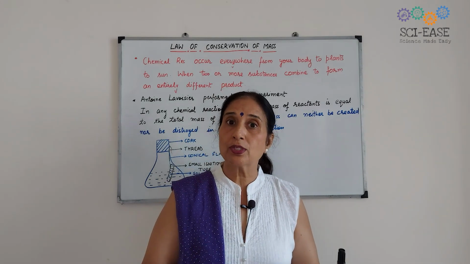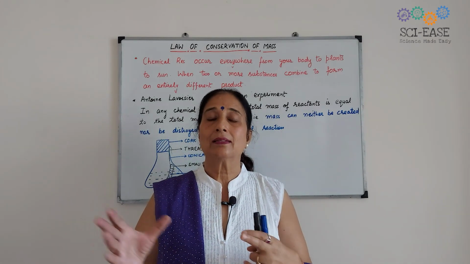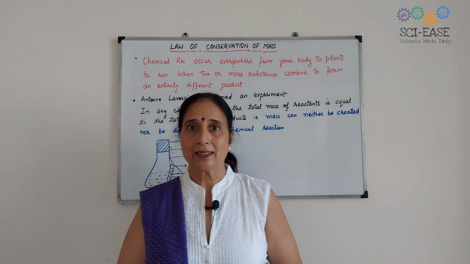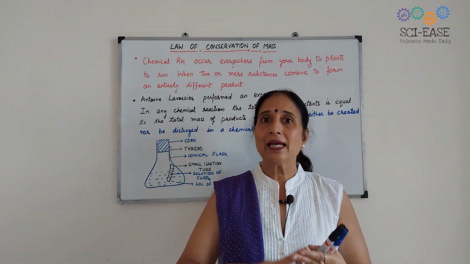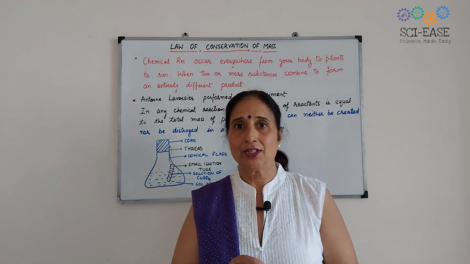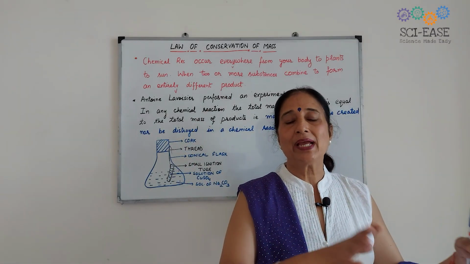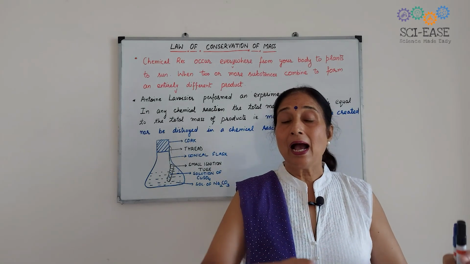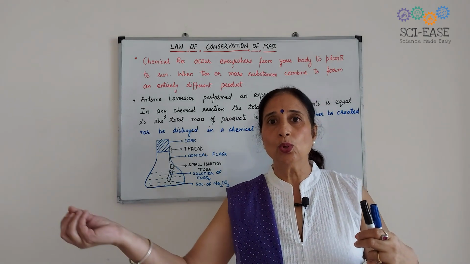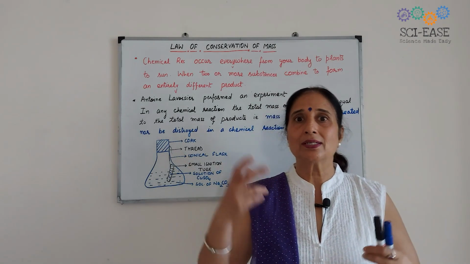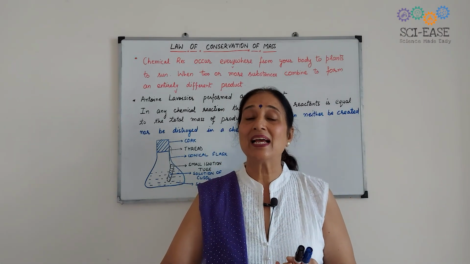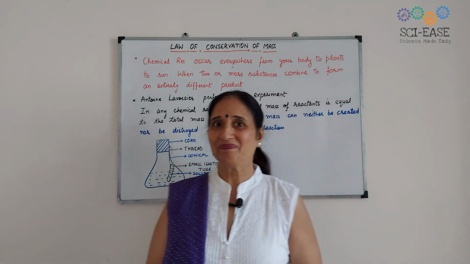There, the process of photosynthesis, that is the preparation of the food by the plants, takes place by using carbon dioxide, water, chlorophyll, and sunlight. In the presence of sunlight, this reaction takes place, and altogether new substances, that is glucose and oxygen, are formed. This means that a chemical reaction has taken place in plants also.